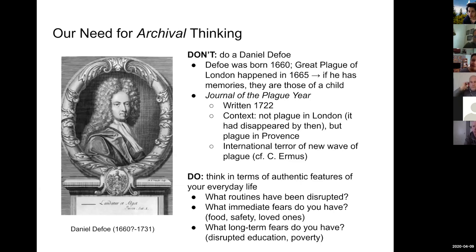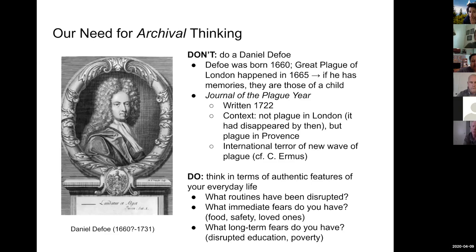So he would have been 5 years old in 1665 when the last big plague hit London. So that was the Great Plague of 1665. He writes his journal of the plague year 40 some years later. I'm sorry, 60 years later.